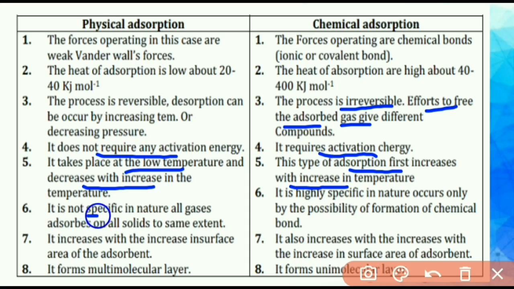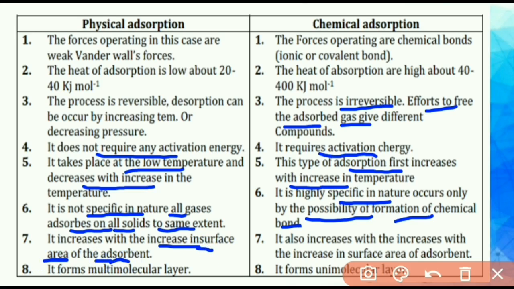Physical adsorption is not specific in nature. All gases are adsorbed on all solids to the same extent, but easily liquefied gases are more favorable for the physical adsorption process. Chemical adsorption is highly specific in nature and occurs only where formation of chemical bonds is possible. Next, physical adsorption increases with increasing surface area of the adsorbent.